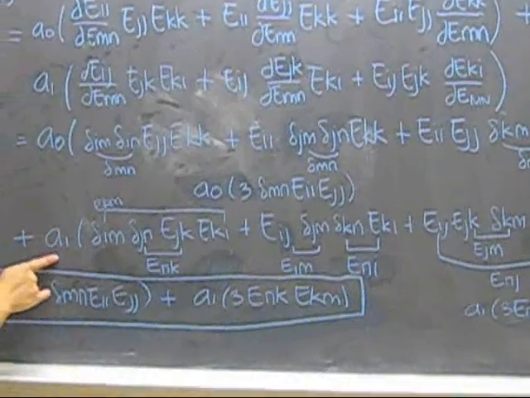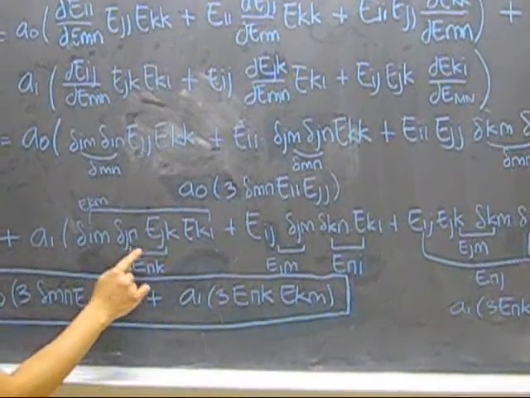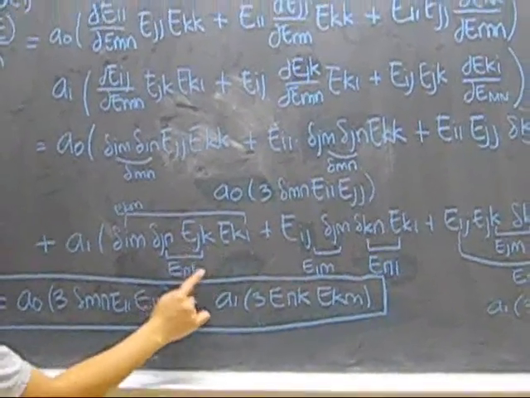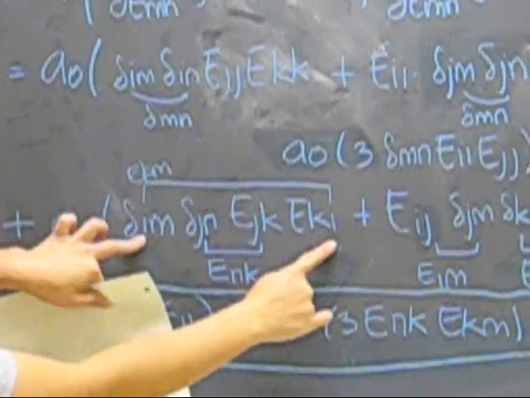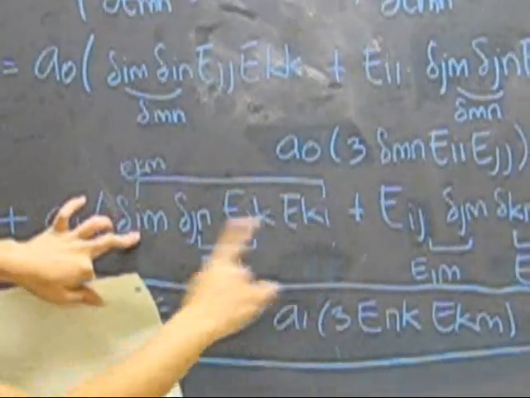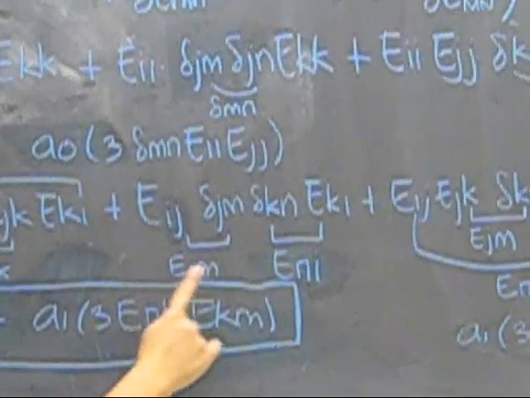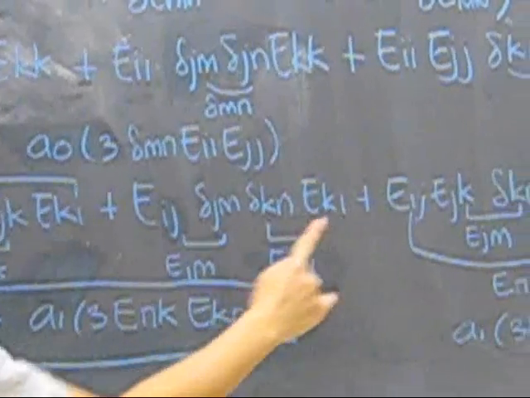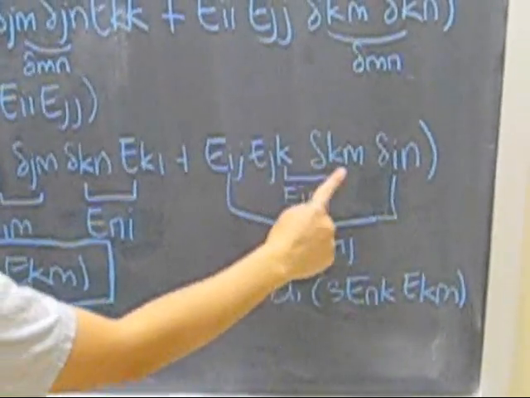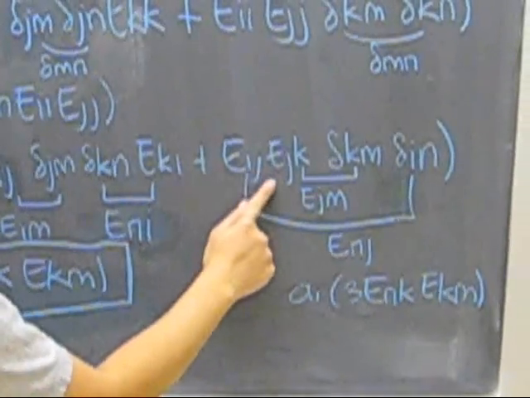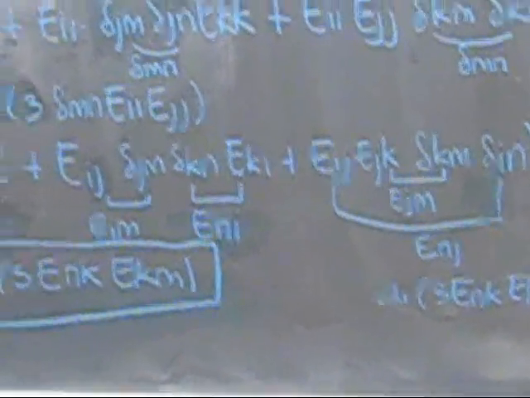Then for the second part, we have E_IJ with delta_IM, delta_JN, and here J and J go to E_IK, the same thing with I and I, E_KM, and here, the same thing, J, J, E_IM, and then K, K becomes E_IK, and here too, K, K, E_JM.